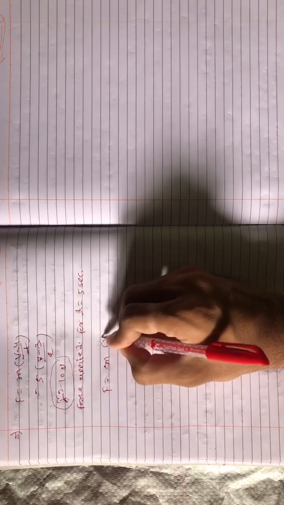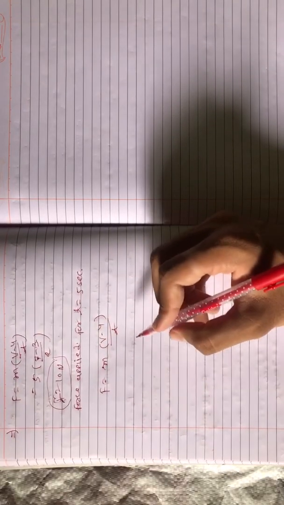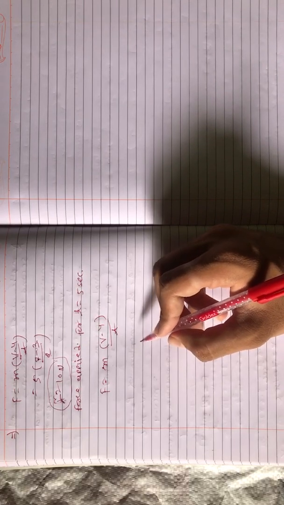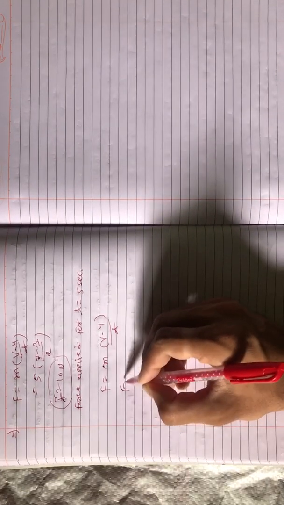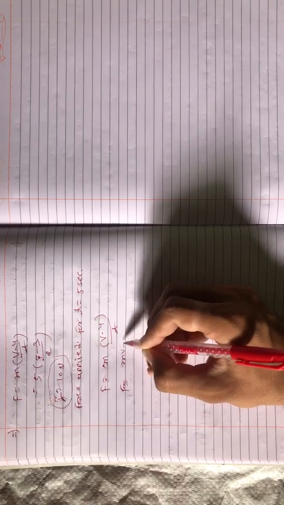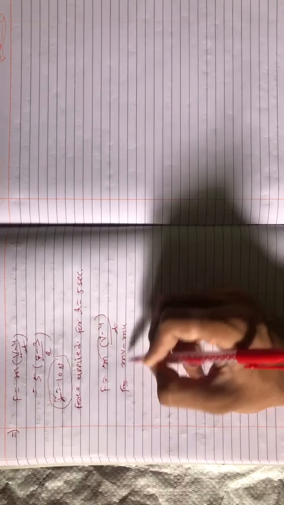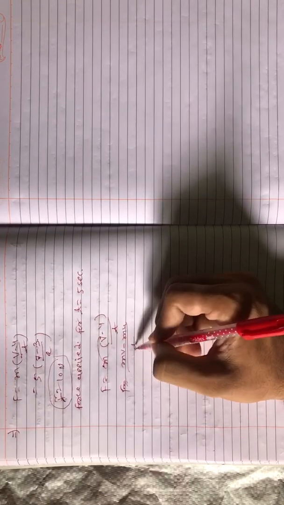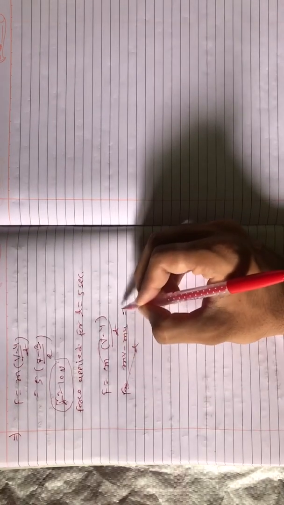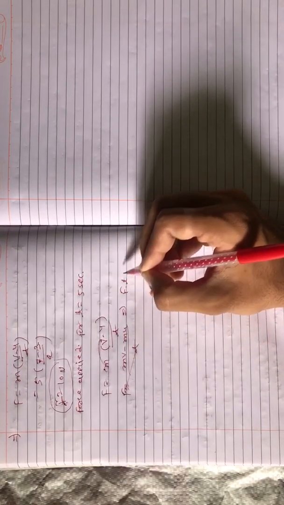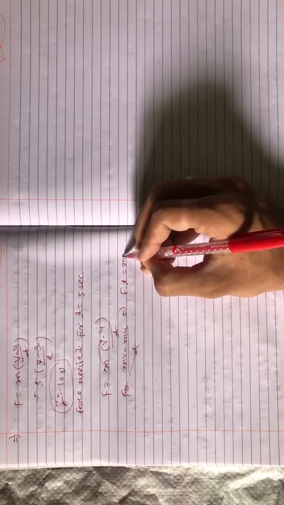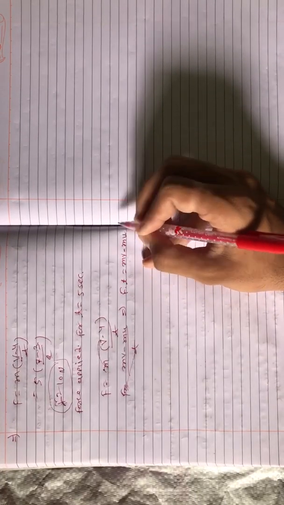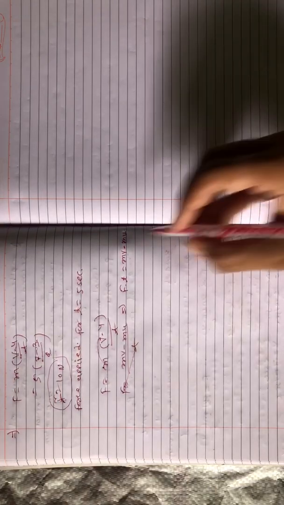So to find the final velocity, F is equal to m times (v minus u) divided by t. Find v, therefore F is equal to mv minus mu divided by t. Cross multiplication, therefore F into t is equal to mv minus mu.